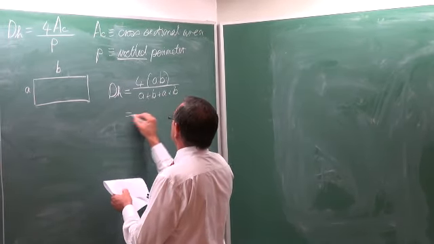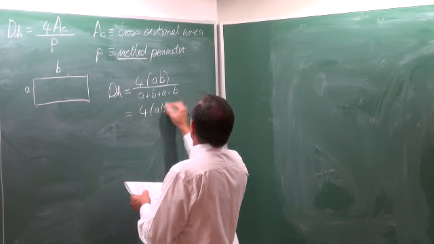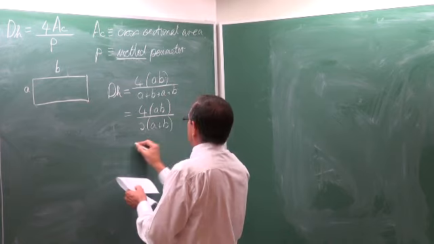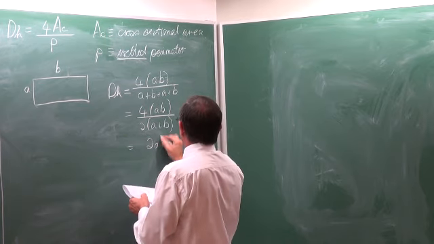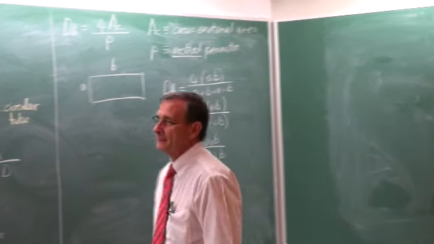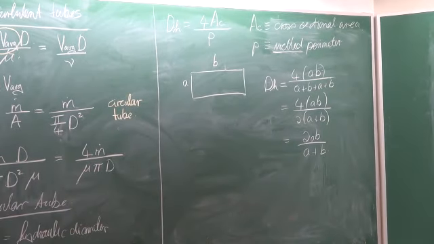Which you can write as 4 times AB divided by 2 times (A plus B), which is equal to 2 times AB divided by (A plus B). Okay, you happy with that?